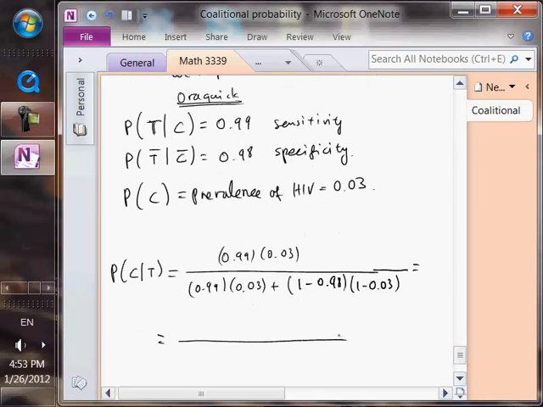So what's the probability now? What do you think the probability is? Roughly, can you give me a ballpark figure? Can you eyeball it?